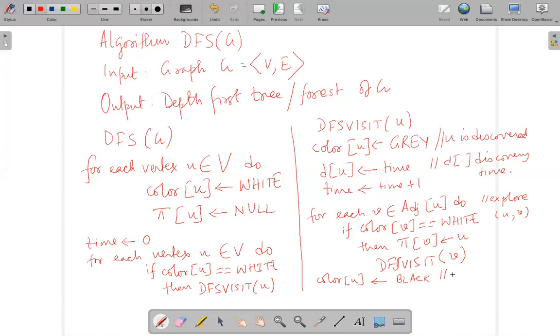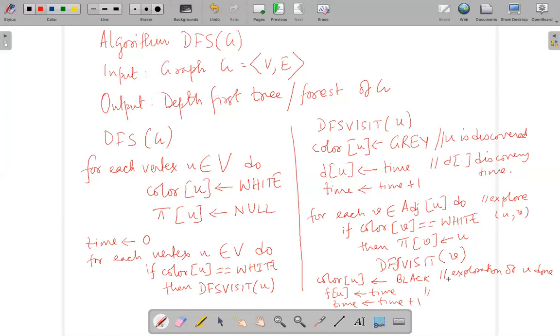So this means exploration of U done. And F of U is set to time and time is again incremented.